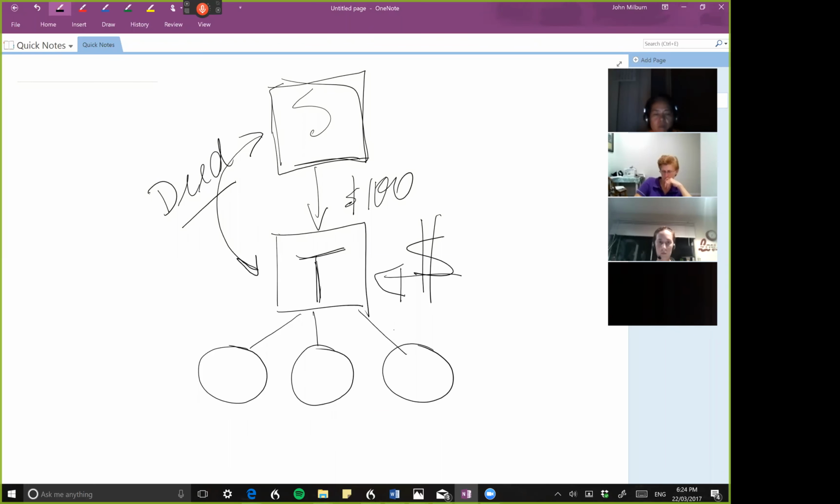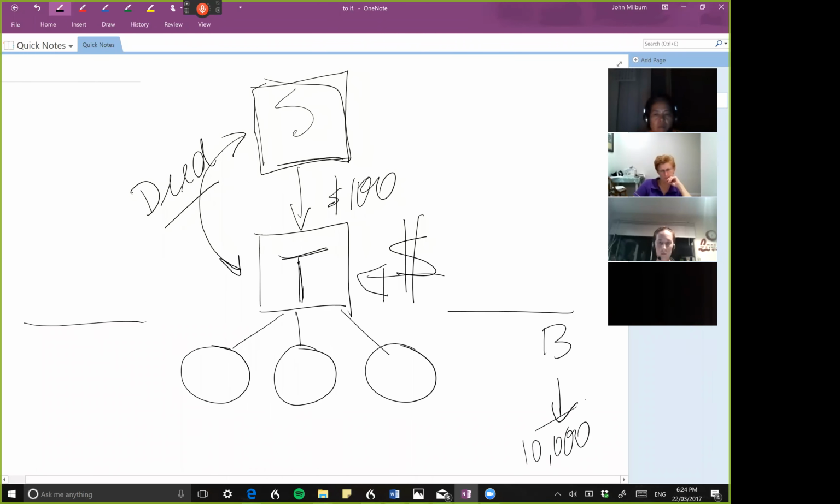Now, when I say potential beneficiaries, at this level here, the beneficiaries level, we might have 10,000 potential beneficiaries. And the trustee may decide to transfer income to 3 of those 10,000.